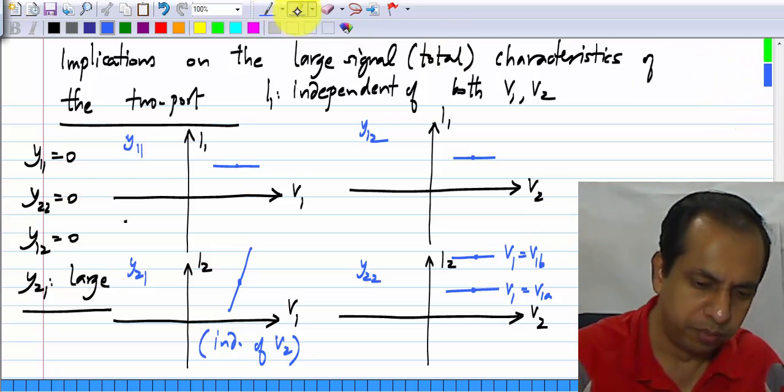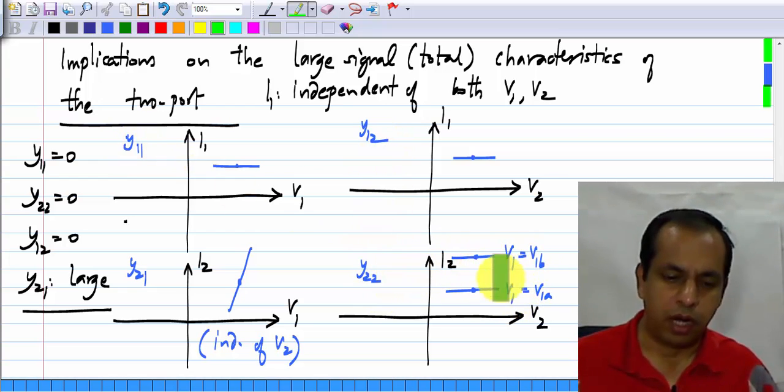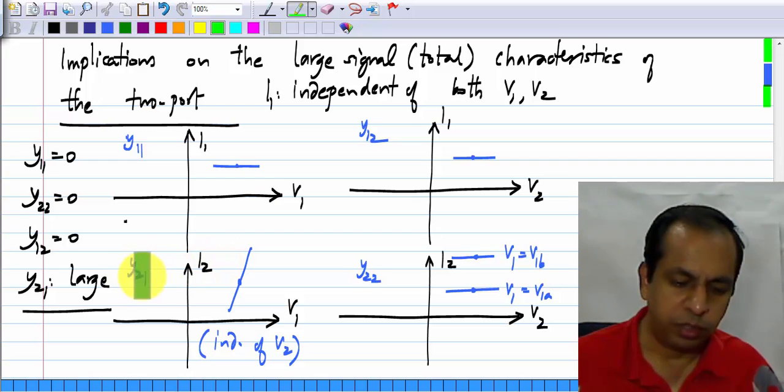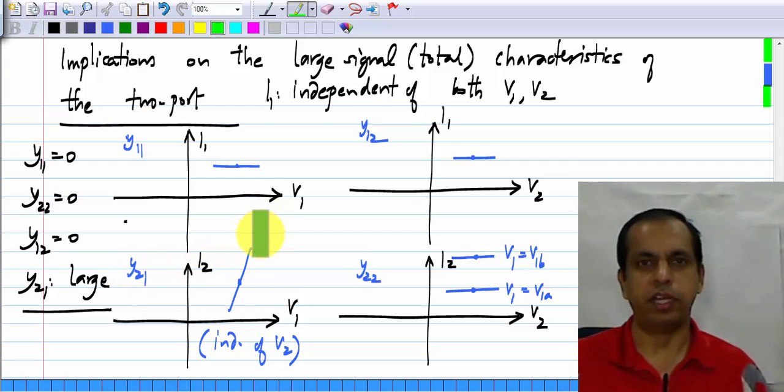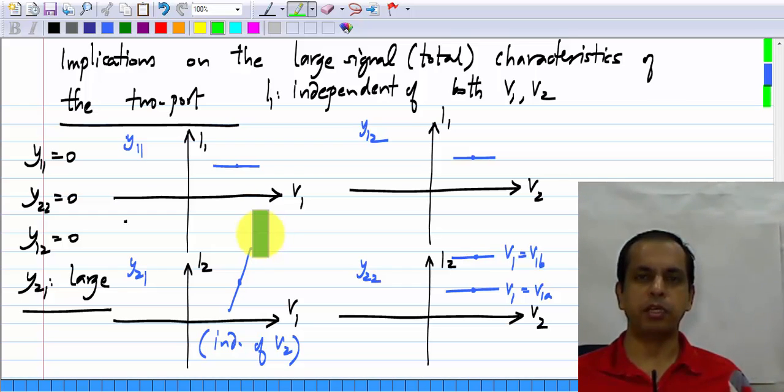Okay. Meaning these parameters 1,1 and 2,2 will be nearly 0 and the characteristic 2,1 will be very sharply varying. So, all it means is that the second port must respond strongly to the first port and all other responses must be very small.